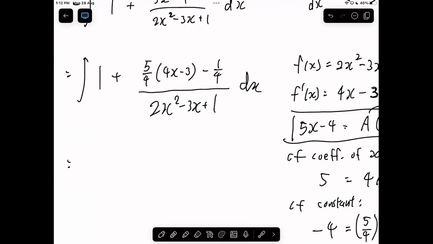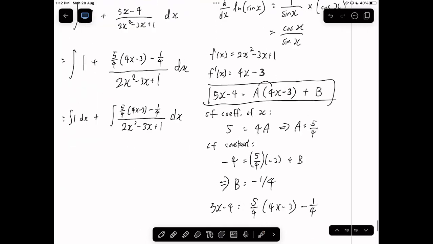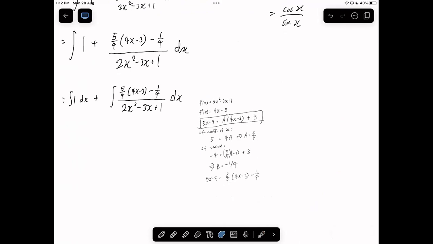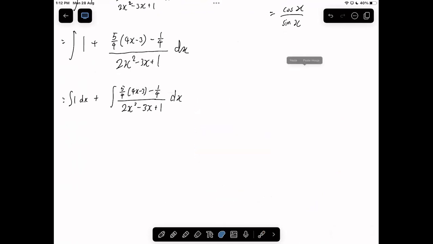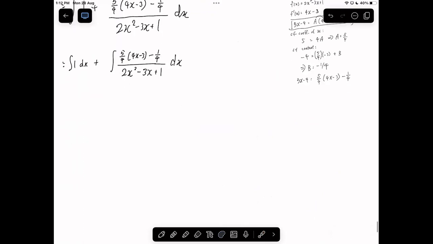Let's see what happens. Integrate 1 dx plus integrate this fellow here. The numerator is huge, but just write it down. Okay, good. I need more space. I'm going to shrink all this down. So next, we have this guy, right?